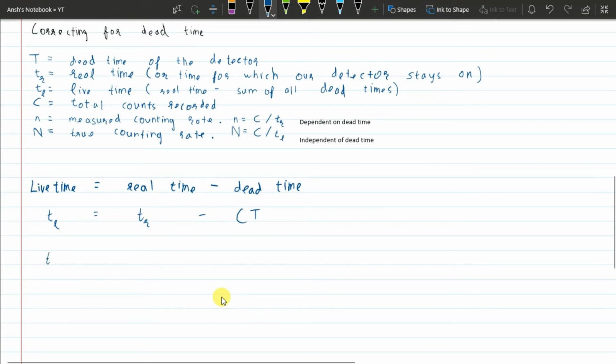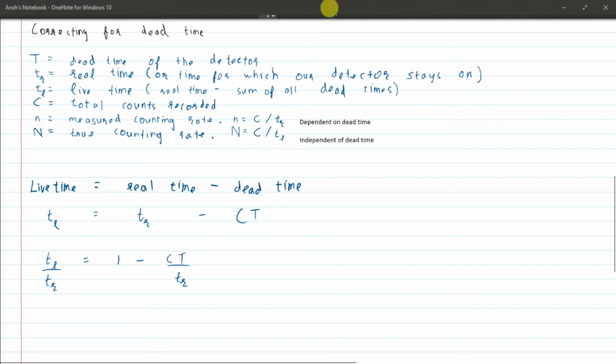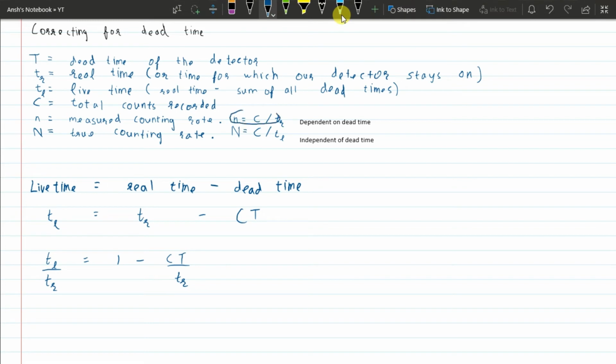We'll divide everywhere by TR. So we get TL by TR is equal to 1 minus cT by TR. We'll make a substitution right here. We take this term right here and we substitute it here.